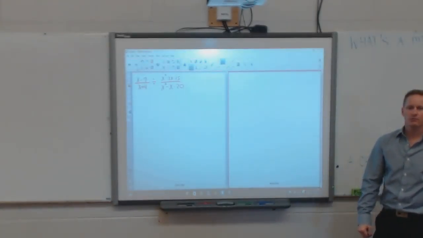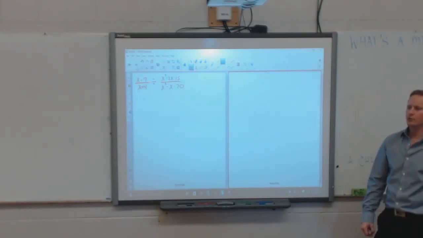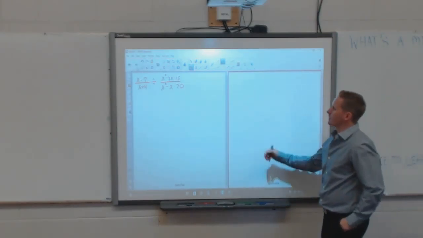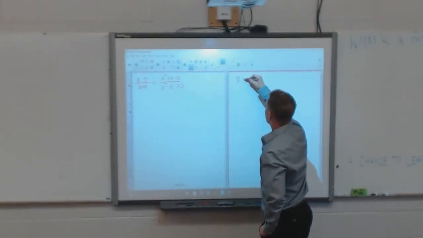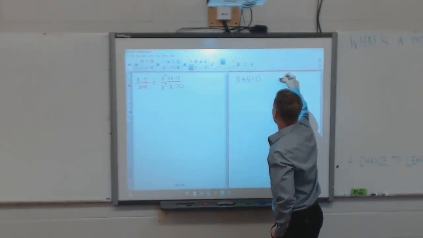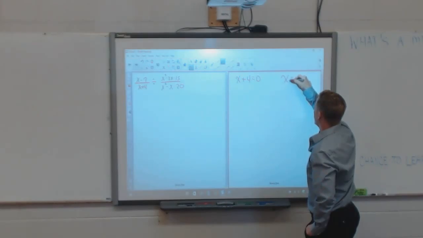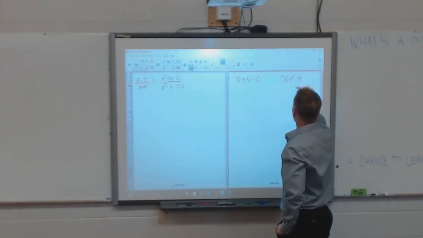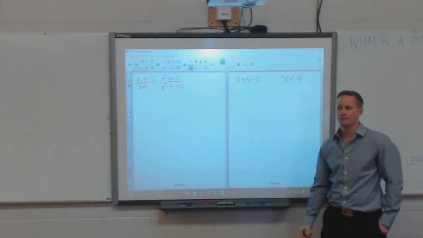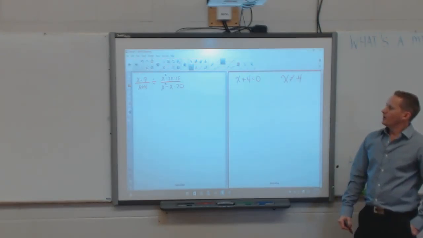Okay, what's the first thing that I need to do? Go through restrictions. Okay? There's a catch in this one. So we start with x plus 4 equals 0, right? So that's good enough. So x can't equal negative 4. We got that. Right? Okay.